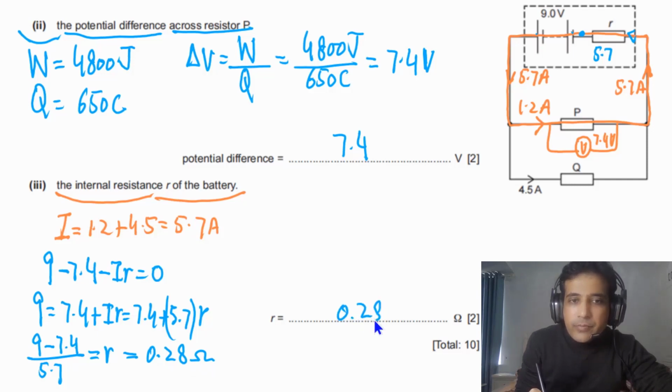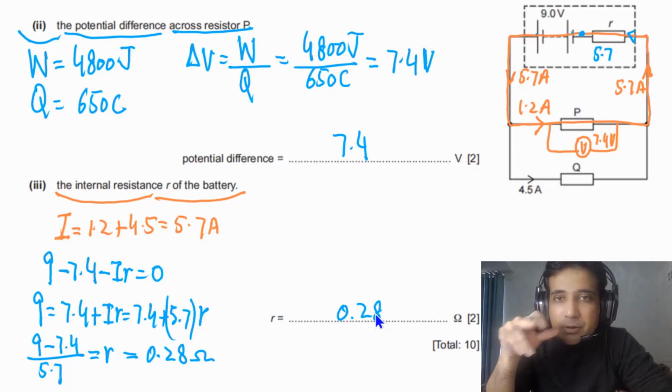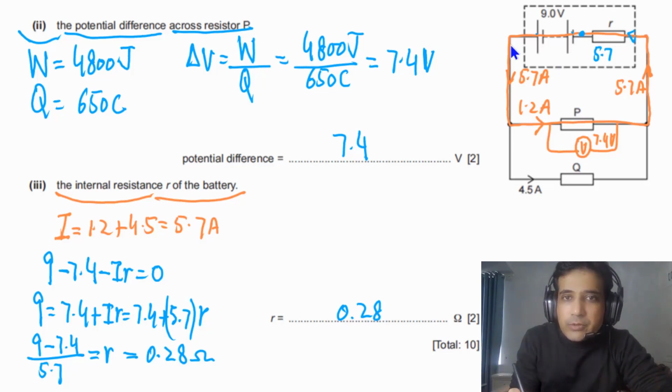A beautiful way to understand how to approach this type of problem. Simply you need to take this loop, because we have the potential difference. You can also take this outer loop, the result will be the same, but for this one we don't have the resistance.